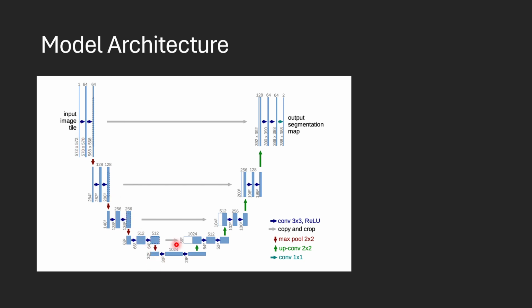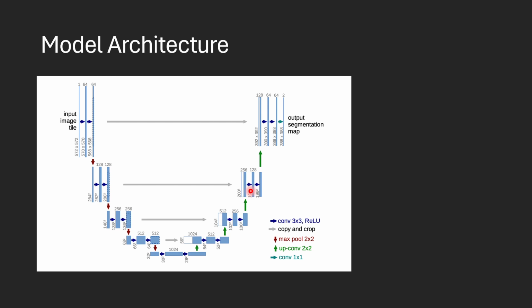Now double convolution followed by upsampling, and then concatenate the previous layer's output. Double convolution followed by upsampling, concatenate with the previous layer's output. The same thing again. If you observe the pattern here, it's very much simple.